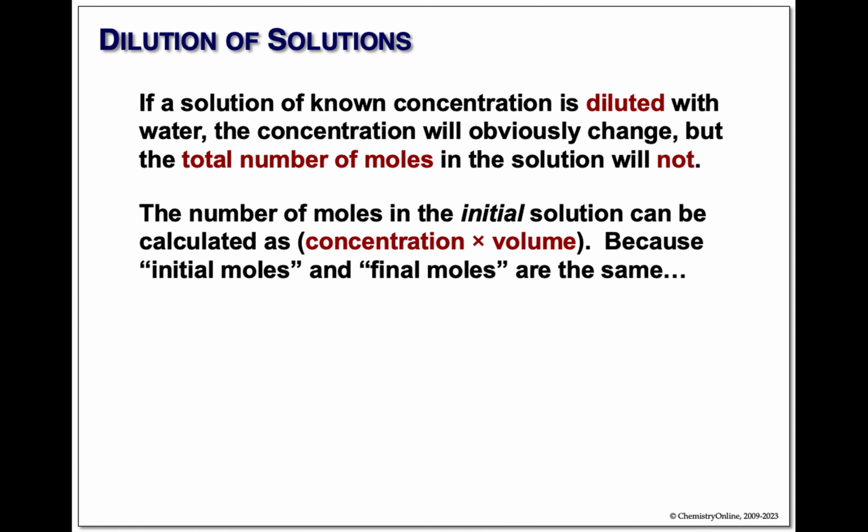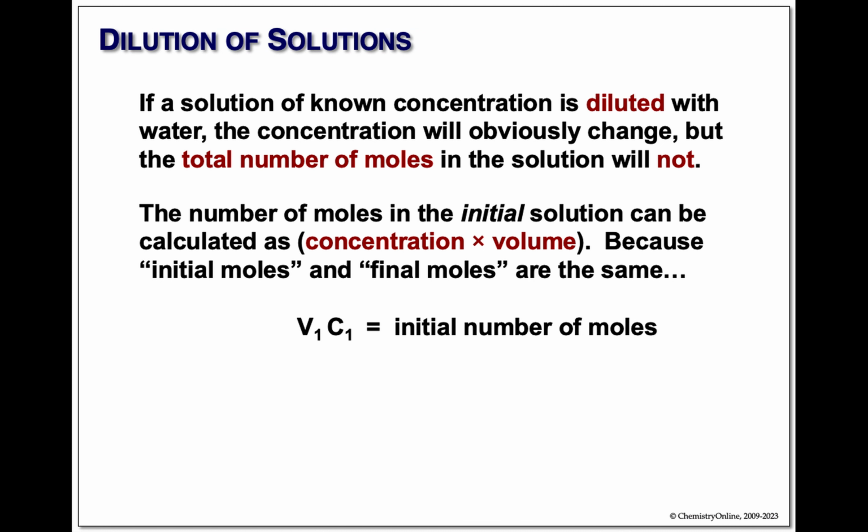We know how many moles are in there, right? We change our volume, but the number of moles does not change. We know how many moles we have because we know concentration and volume.